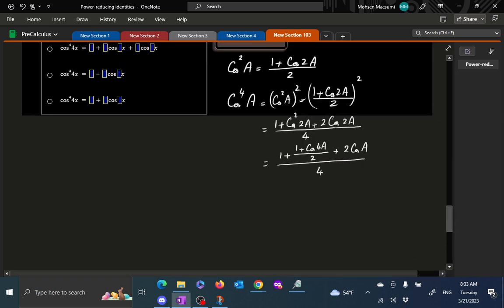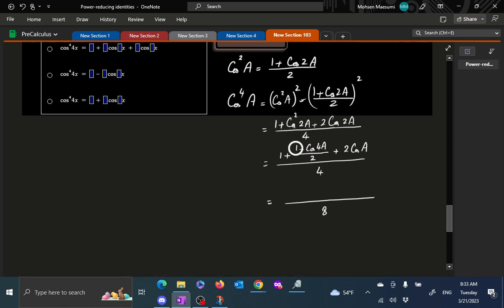Now we multiply by 2 in numerator and denominator, so 2 times 4 becomes 8. 2 times 1 plus 1 becomes 3. Let's write this one next. 2 times 2 is a 4.